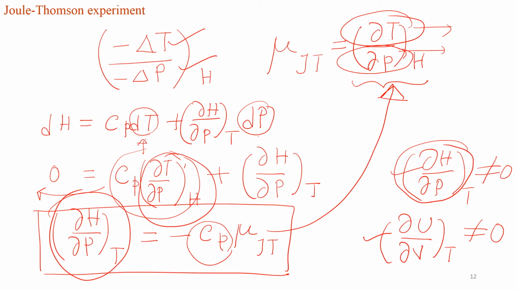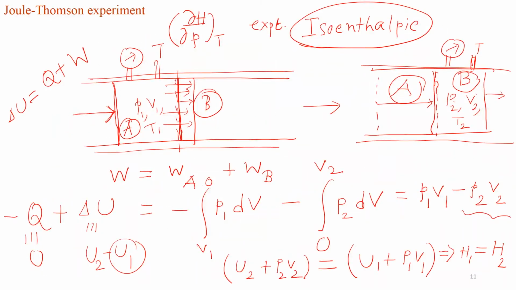For that we described what is known as the Joule-Thomson experiment, which was basically carried out for a sealed tube which is thermally isolated, and the two portions of the tube are divided as A and B by a fine orifice, or in this original experiment they used a piece of silk.